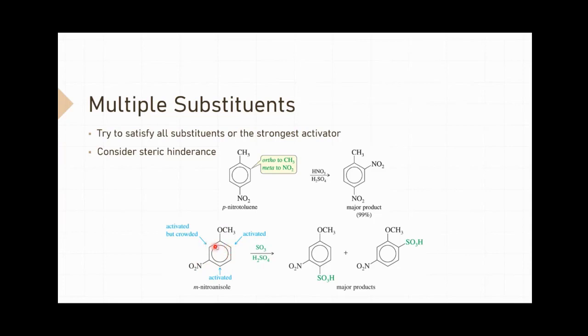That being said, I would look at ortho para. I could attach it here, but there's steric hindrance between these two substituents. So I could place it on this ortho position or this para position. Either one works.